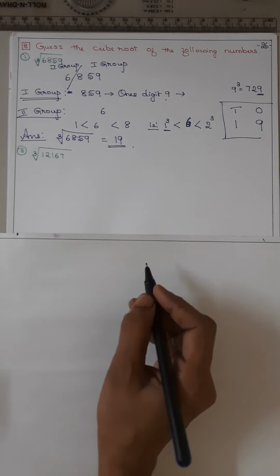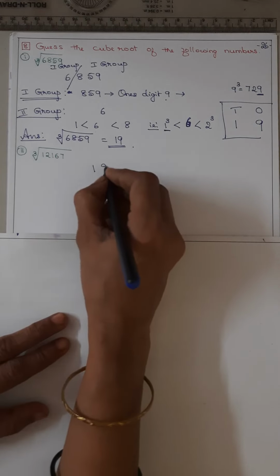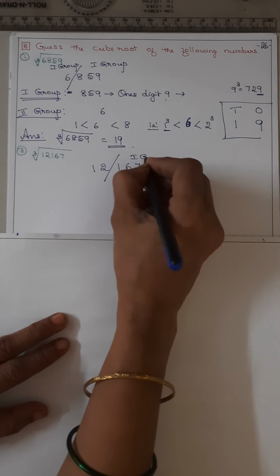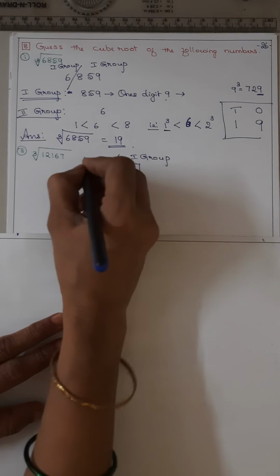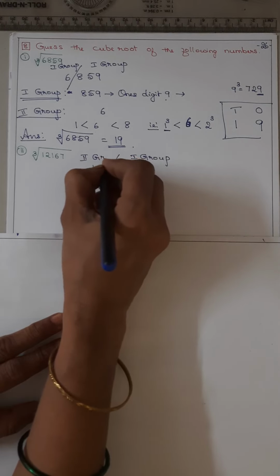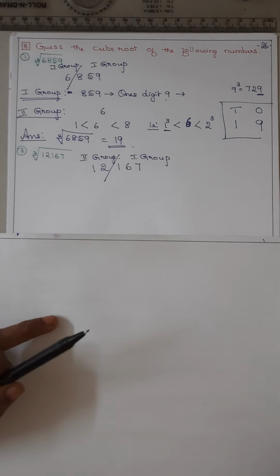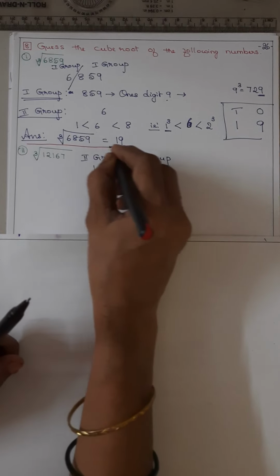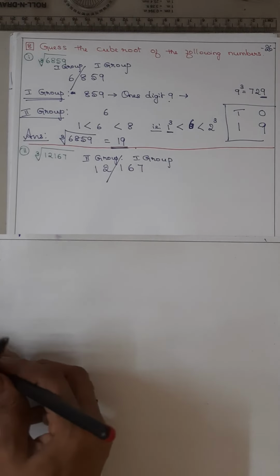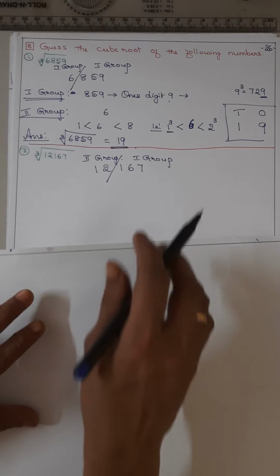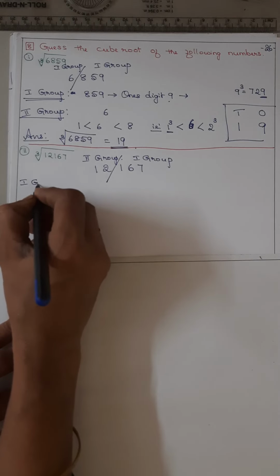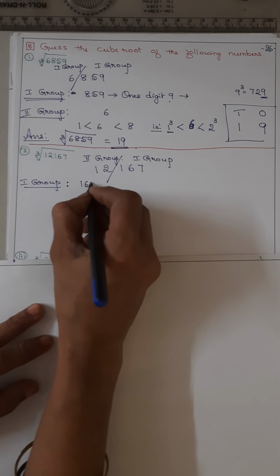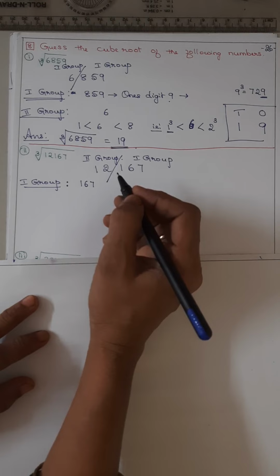नाउ कमिंग टू द नेक्स्ट, 1 2 1 6 7. This is the first group. 12 is the second group. Okay, first group number is 167, isn't it?